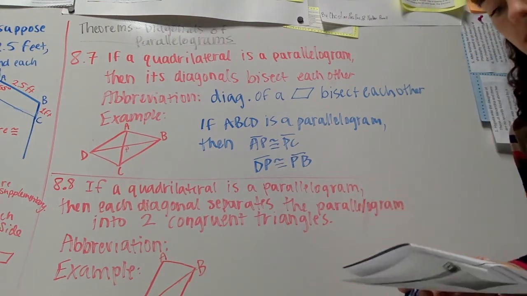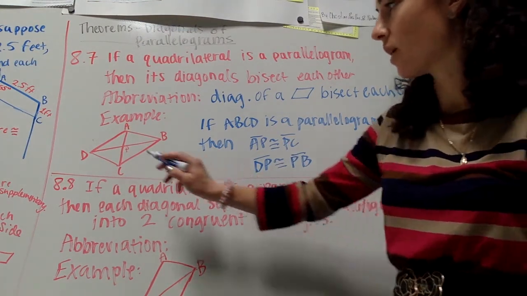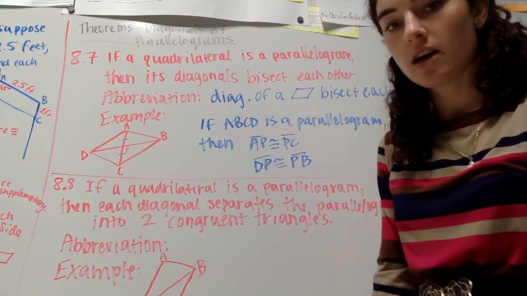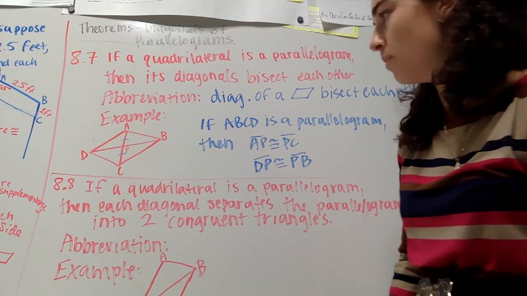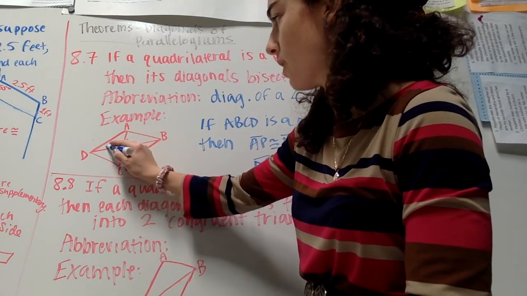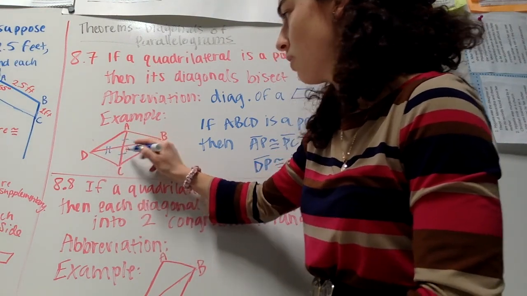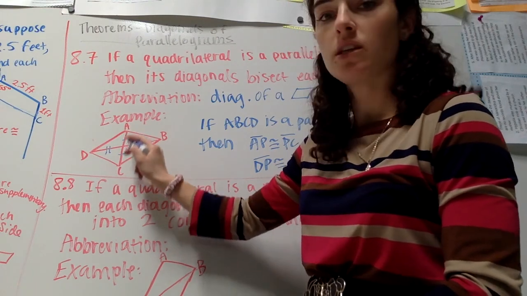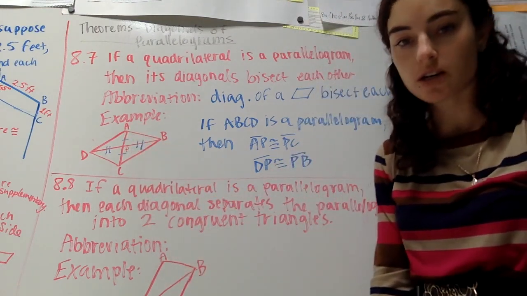Okay, so I'm going to mark that up. AP and PC, so it cuts this one in half. Okay, and then DP and PB, so it cuts this diagonal in half as well. But that's a different congruence, okay? Those two are congruent to each other, but they might not be congruent to these two. So we have to put double dashes there, okay?